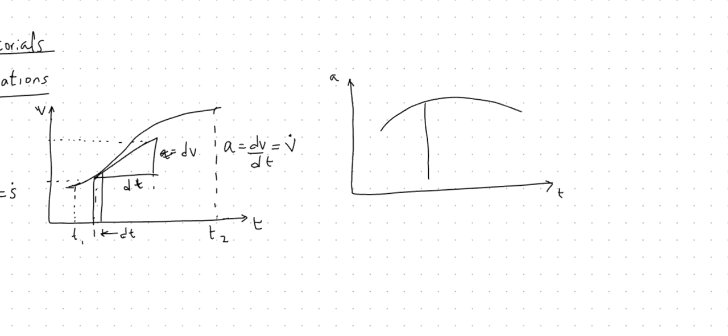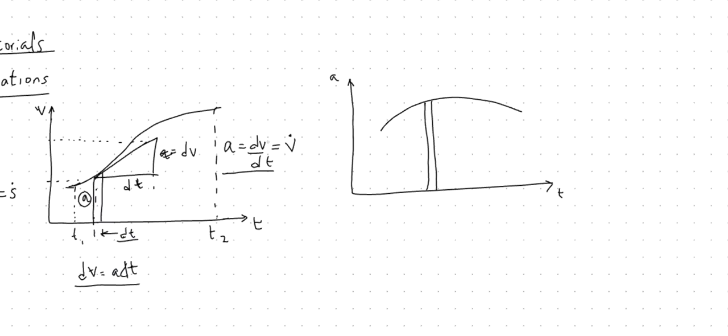Look at this stripe. This vertical here is a, because the vertical is the a axis. If I say this a times this dt, that's going to be dv. If I cross multiply, dv is going to be equal to a dt, which is what I can show on this graph.